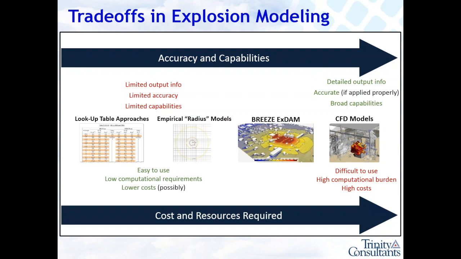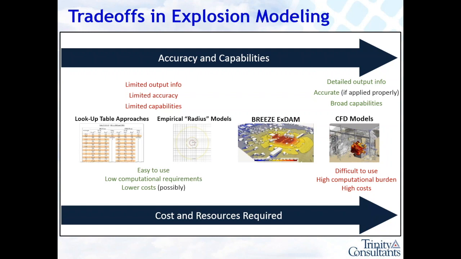So falling in between those is where we see VExDAM. So ExDAM has more realism and accuracy and capability than the simple models because it accounts for building shielding, it models damage and injury, and at the same time, it's still much simpler and much faster to run than CFD models.